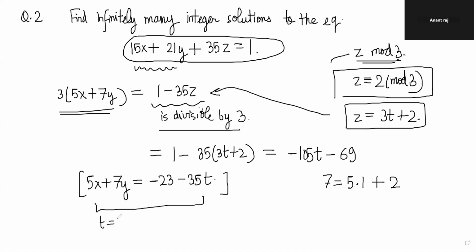So if t is equal to 0, we are getting 5x plus 7y is equal to minus 23, right? There will be infinite solutions for this. You can put anything. If x is 1, then y is going to give something, right?